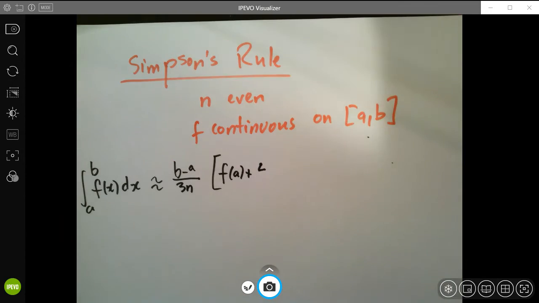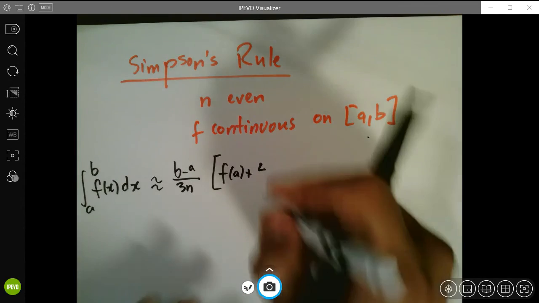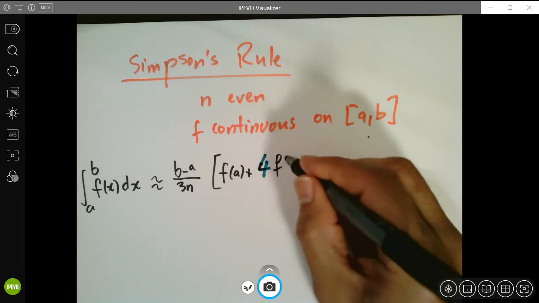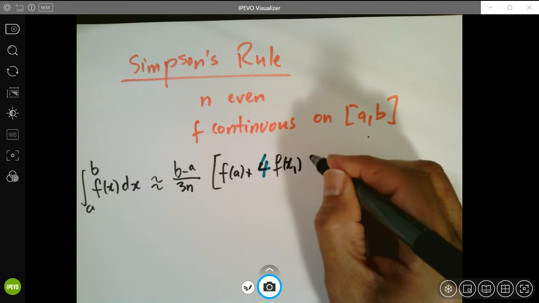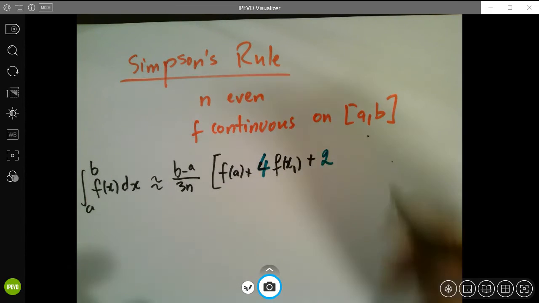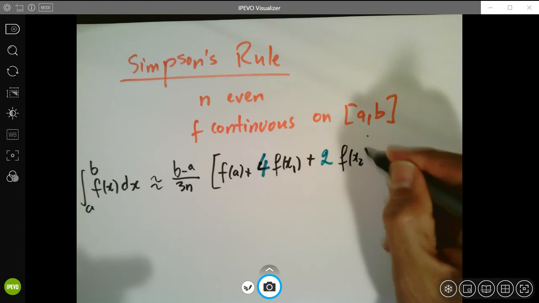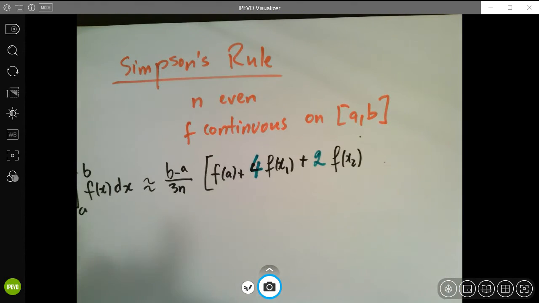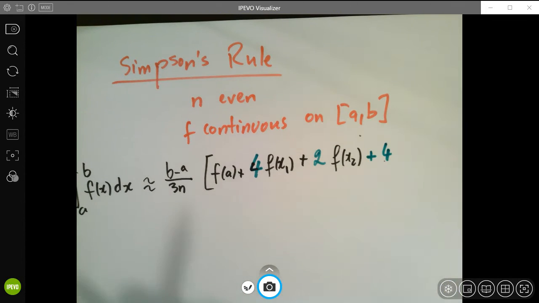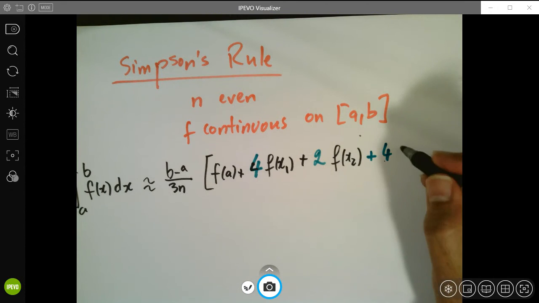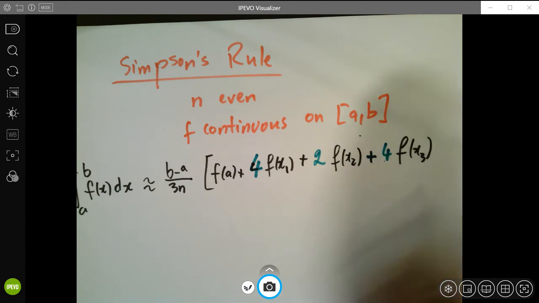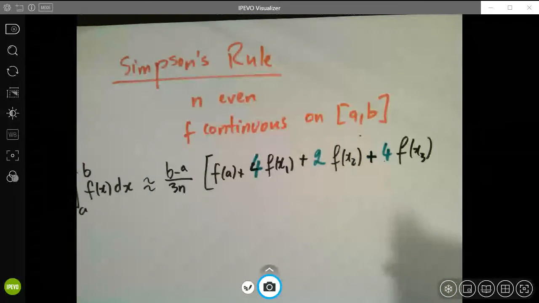Yeah, we have to use another color here. 4 f of x1 plus, what? So if you do the math, 2 f of x2 plus 4 f of x3, then you repeat it again, okay?